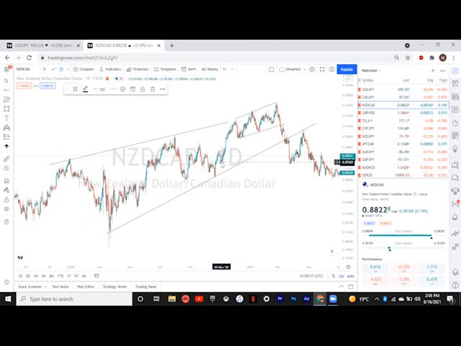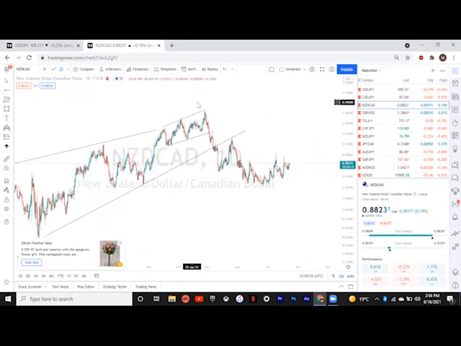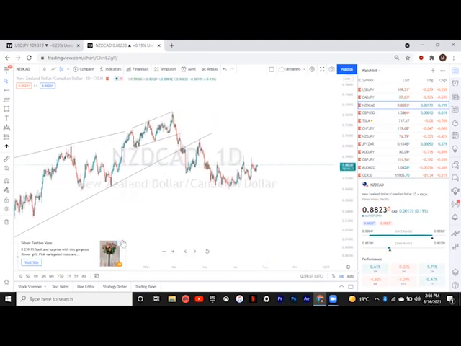We could have used this level and so on. It's just for illustration reasons. So with this one, we had our breakout and then retest. We could have entered here as well, but yeah, right now we're at that current market.